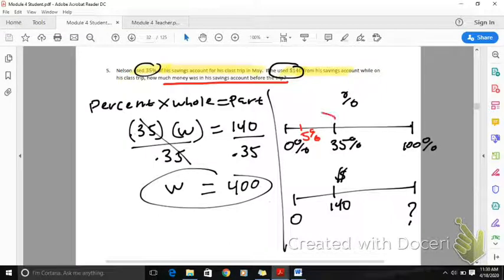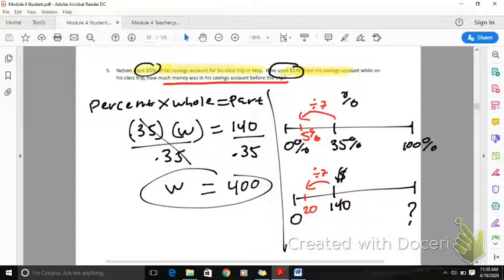To go from 35 to 5, what's 35 divided by 5? 7, right? So we divide it by 7. Remember, whatever I do to the top one, I do down here also. So we divide this by 7, you get 20.